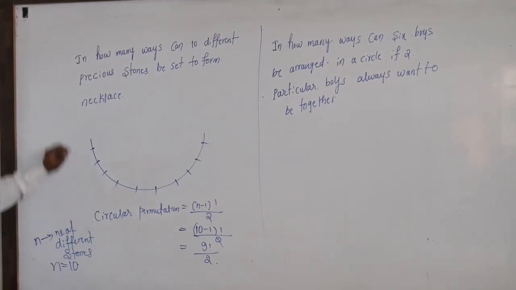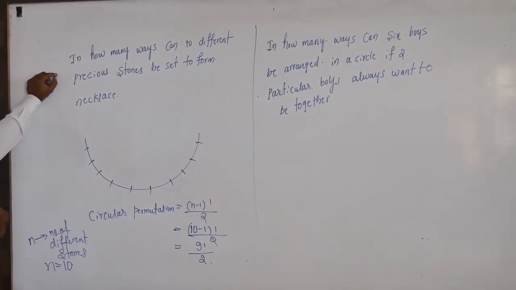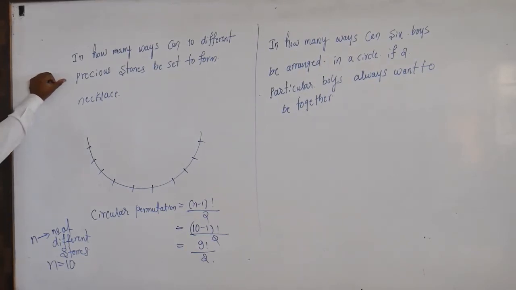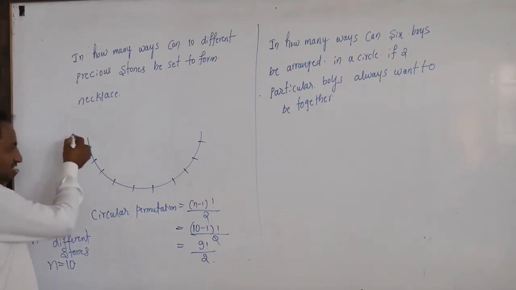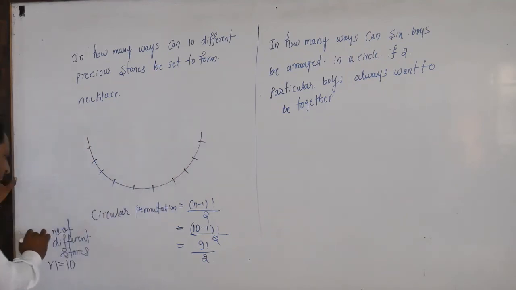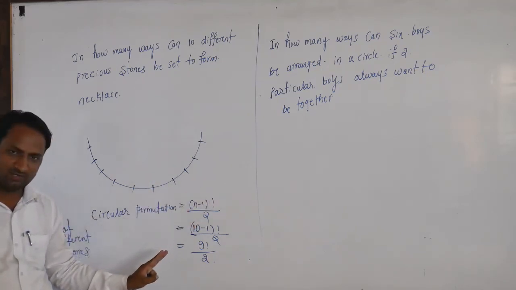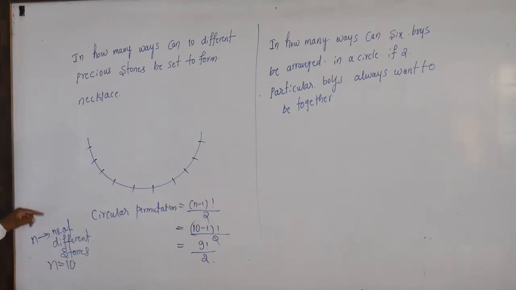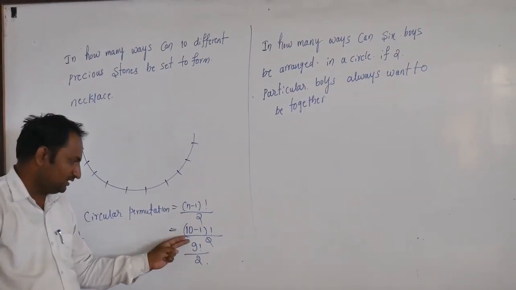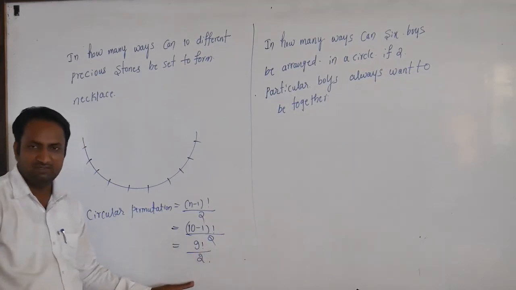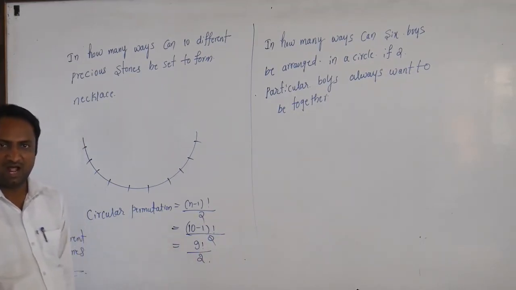Circular permutation means n minus 1 factorial divided by 2, where n means the number of different stones. Here n value is 10, so substituting in place of n, the answer is 9 factorial divided by 2.